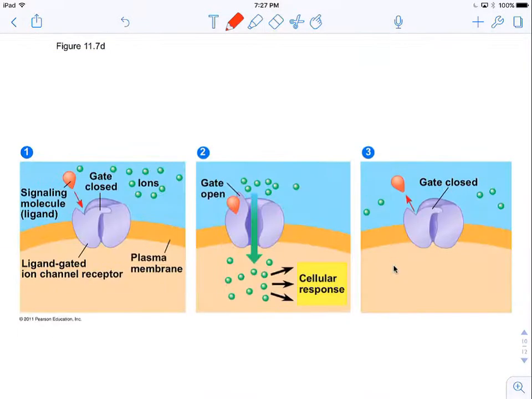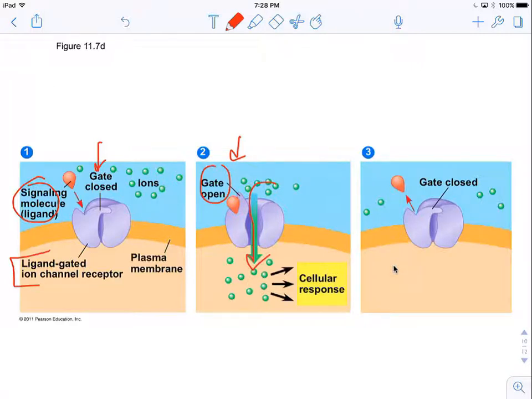So let's see how these work. So here is our ligand-gated ion channel receptor. In its normal position, the gate is closed. When our ligand binds, this causes the gate to open. Once it opens, it's a channel protein, and basically, if you fit through, you can go through.